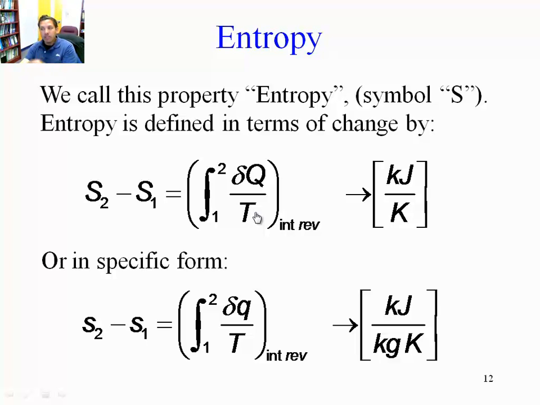Now, if T is positive, the sign of the change of entropy is related directly to the sign of Q. If Q is positive, meaning heat going into the system, delta S is positive. If Q is negative, delta S is negative. If Q is equal to 0, then delta S is equal to 0.